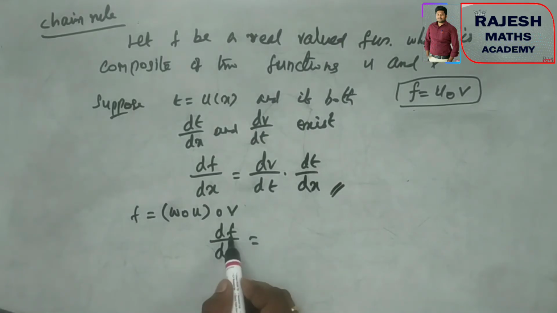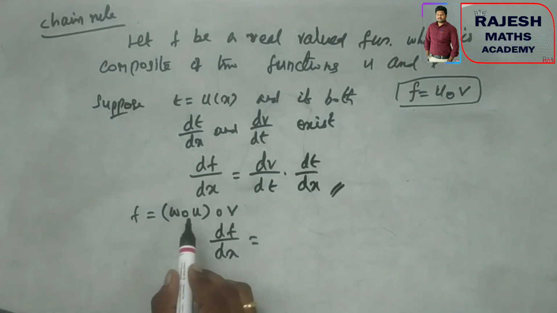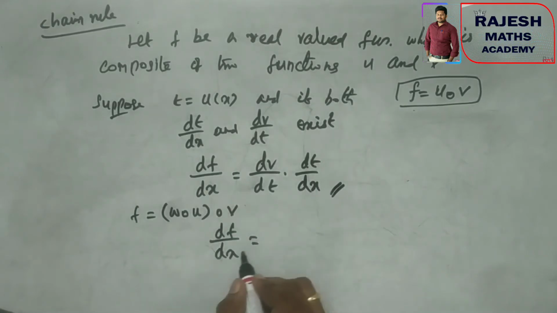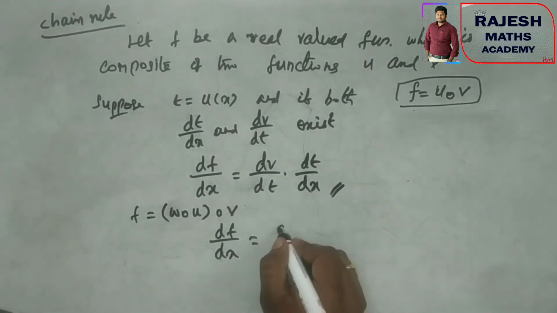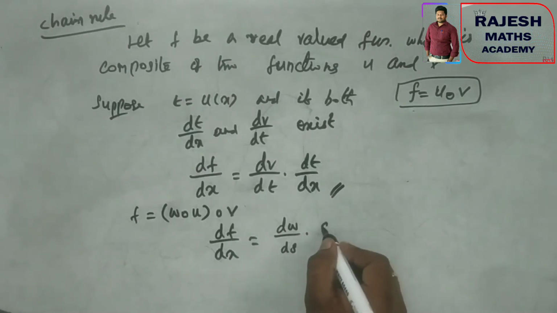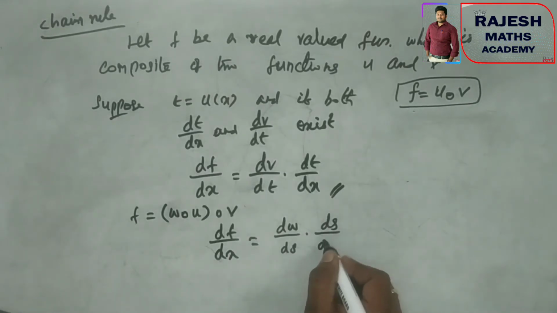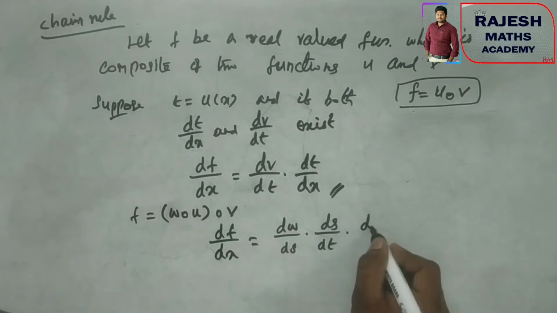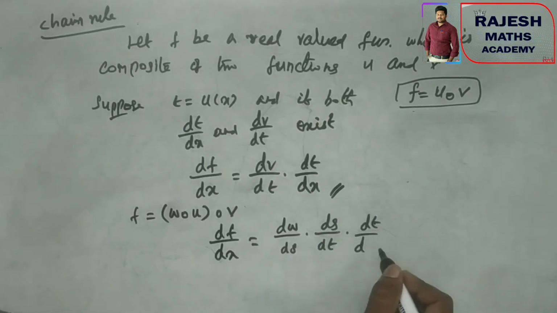Since f is a composition of three functions w, u and v, we can write dw by ds, then ds by dt, then finally dt by dx. Clear? This is the chain rule. While solving problems we can understand the chain rule easily.